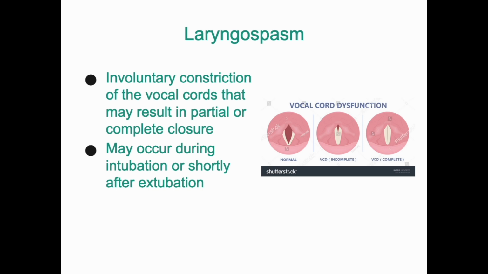So how do we treat this? We have positive airway pressure with a mask and chin lift. We have muscle relaxants if the spasm doesn't resolve, and atropine for treating bradycardia in pediatric patients caused by low oxygen levels. Patients are most at risk when lightly anesthetized at extubation, especially children and infants.